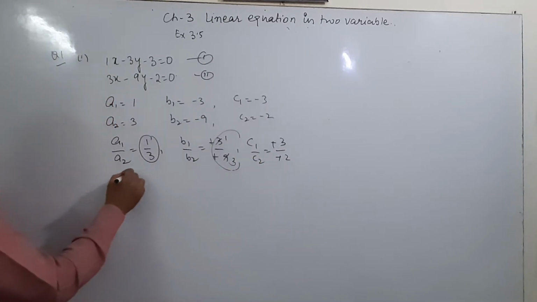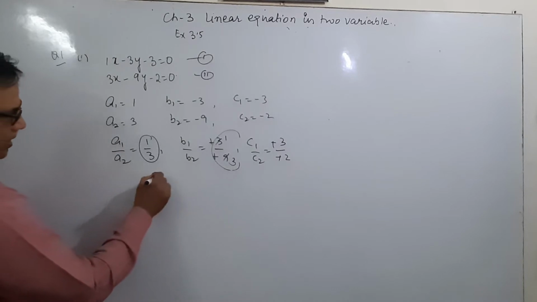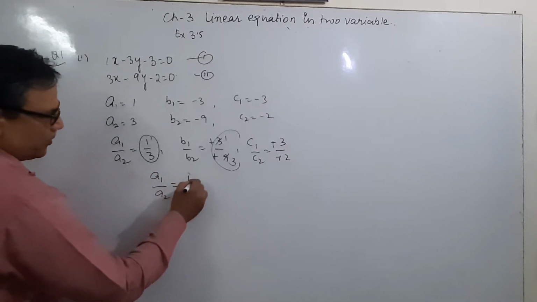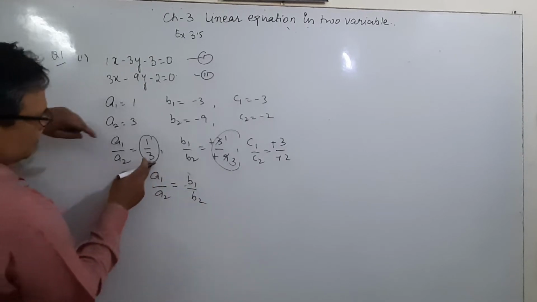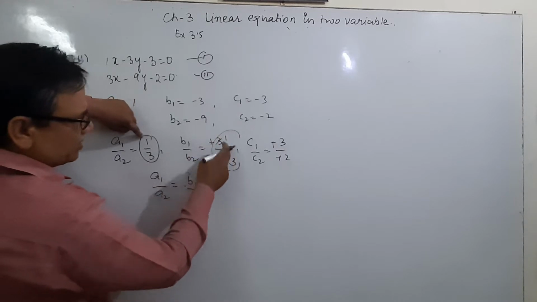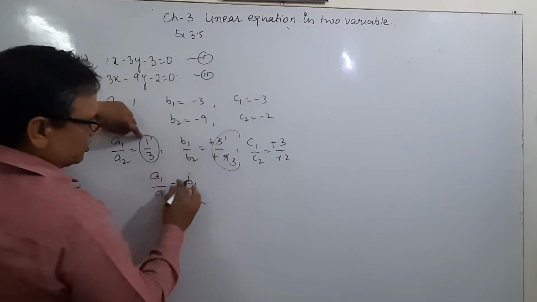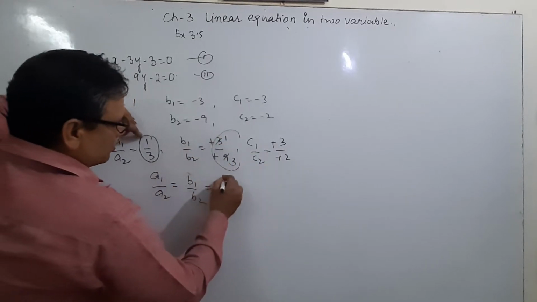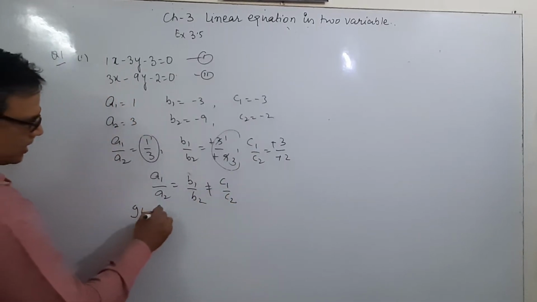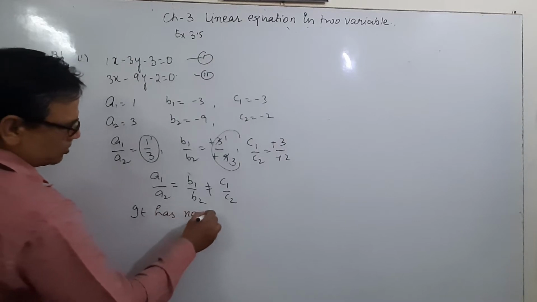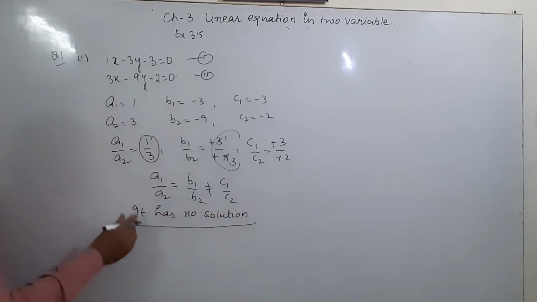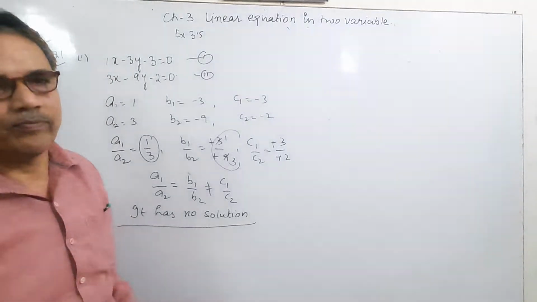So we can write A1 upon A2 equal to B1 upon B2, but B1 upon B2 is not equal to C1 upon C2. So that means it has no solution. If it is no solution, then you need not find out the value of x or y.